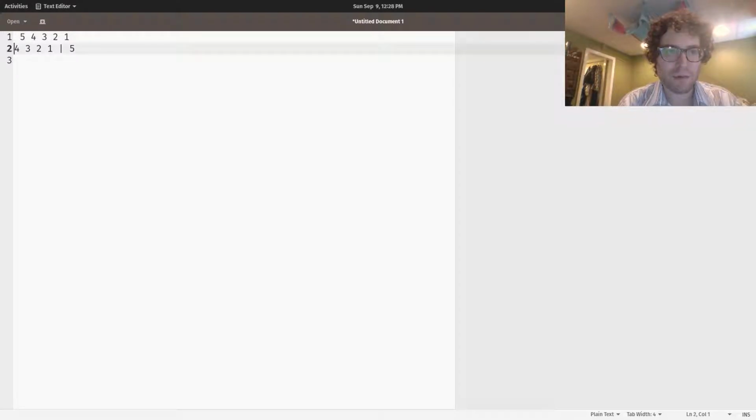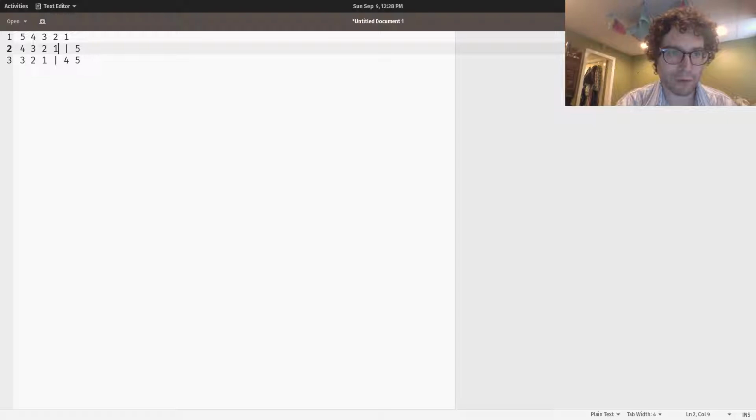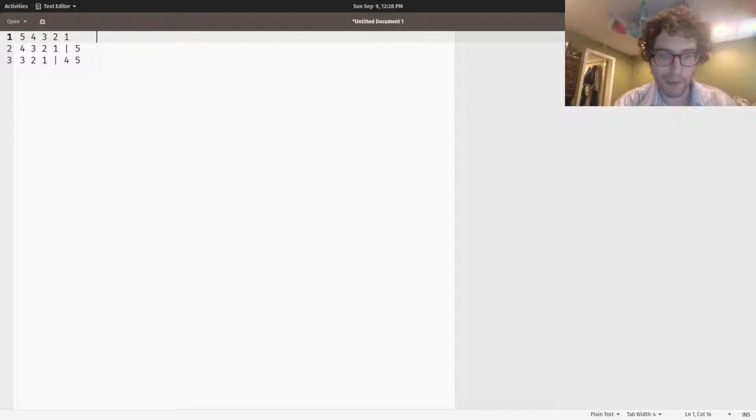So then, for our next iteration, after we get 3, 2, 1, we know that after 4 bubbles up to the top, that should be locked into place, so we shouldn't check any more answers. So we only have to check 4 pairs of items over here.